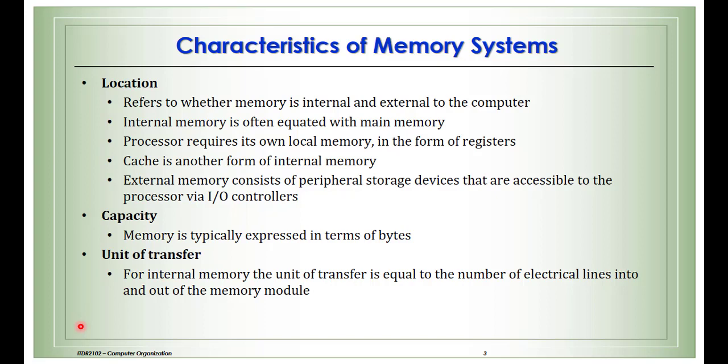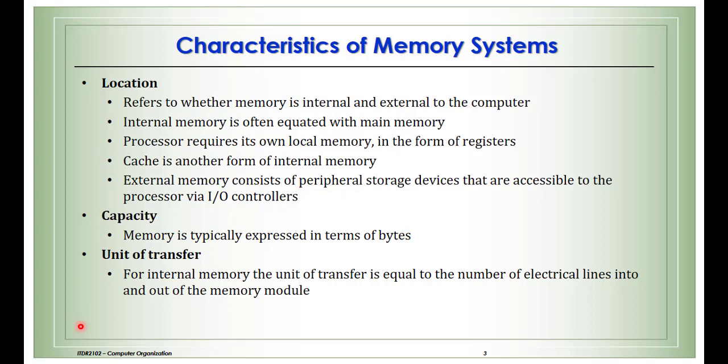The main memory is internal memory. The registers are internal to the processor or CPU, and the cache memory is internal memory, and we have the external memories. That means any memory that can be connected from outside to the computer through the input-output controllers.